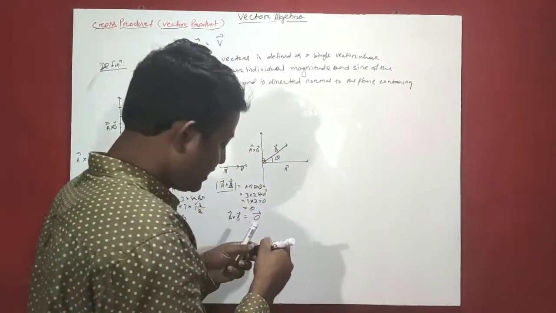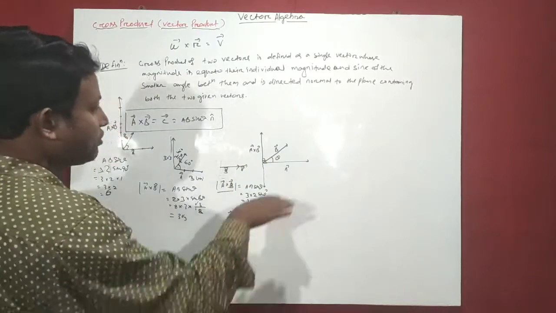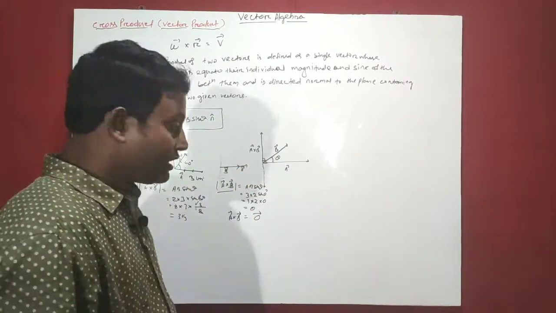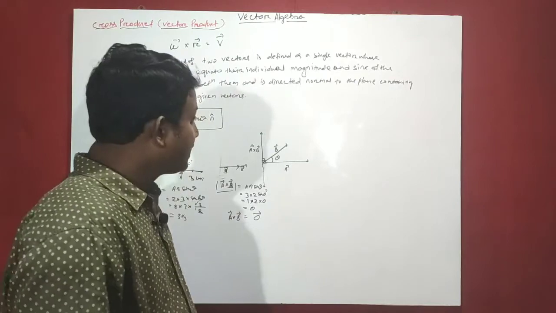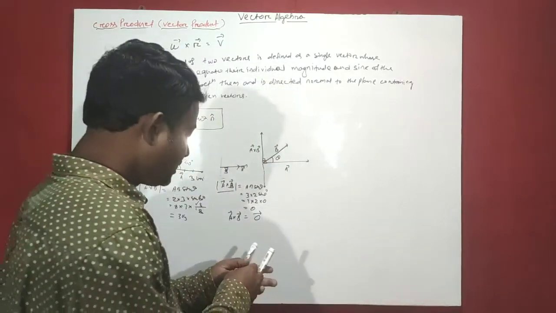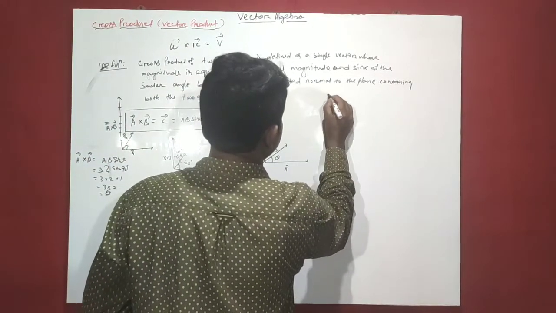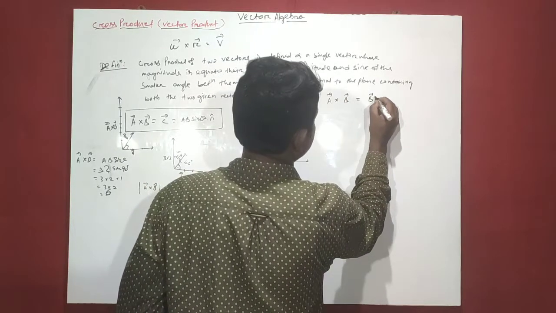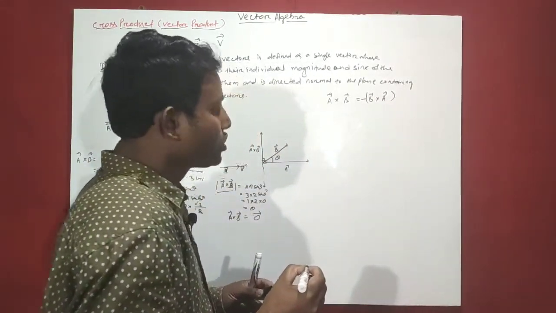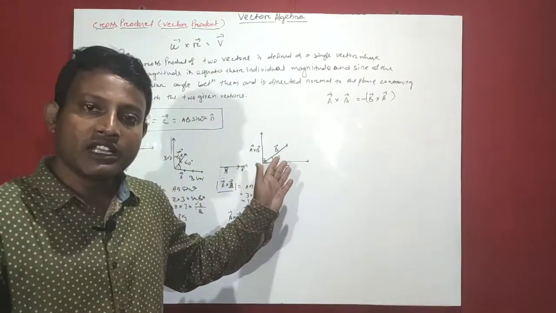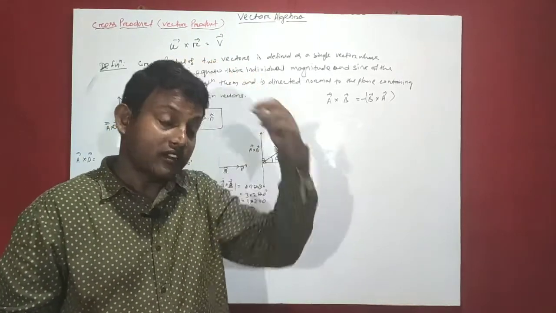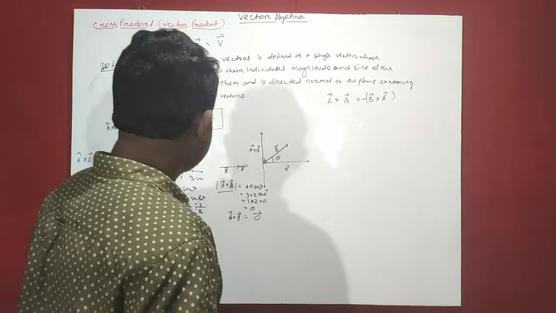Look, when we take B cross A using the right hand, the direction of the vector is just opposite to A cross B. That means A cross B is the negative of B cross A. Their magnitude is the same, but their direction is opposite to each other, so these are negative vectors having equal magnitude and opposite direction.